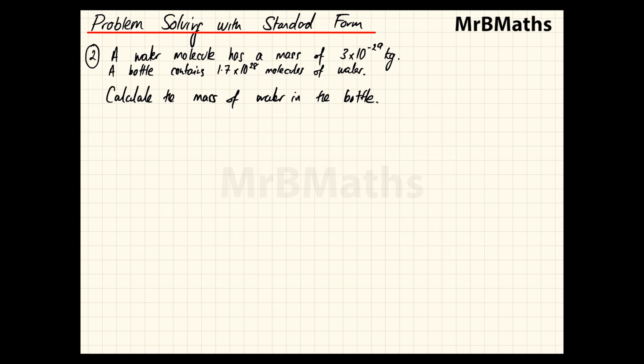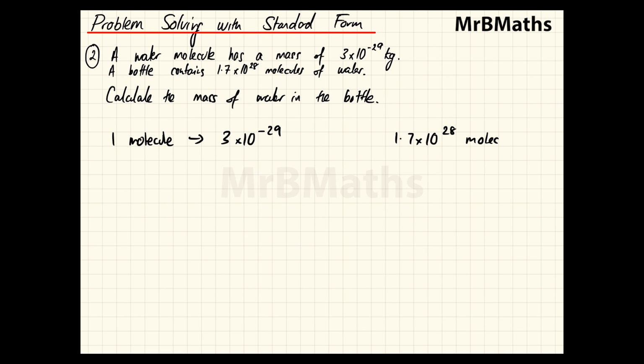So, one water molecule has a mass of 3 times 10 to the minus 29. So 1 molecule is 3 times 10 to the minus 29. It then says a bottle contains 1.7 times 10 to the 28 molecules of water.